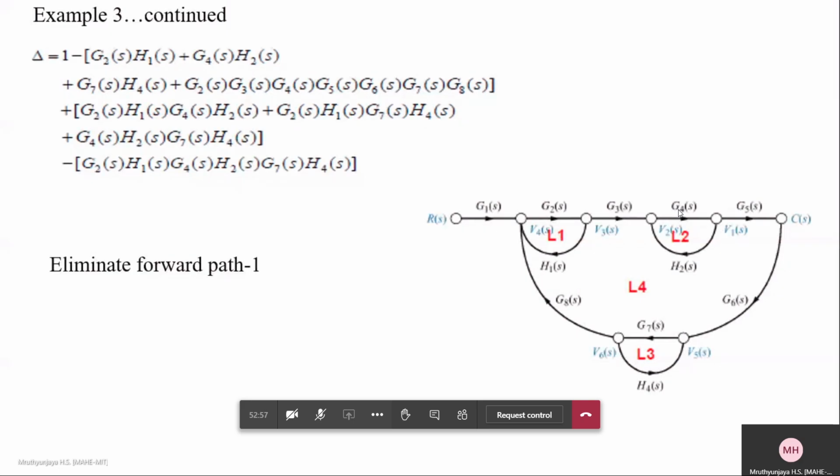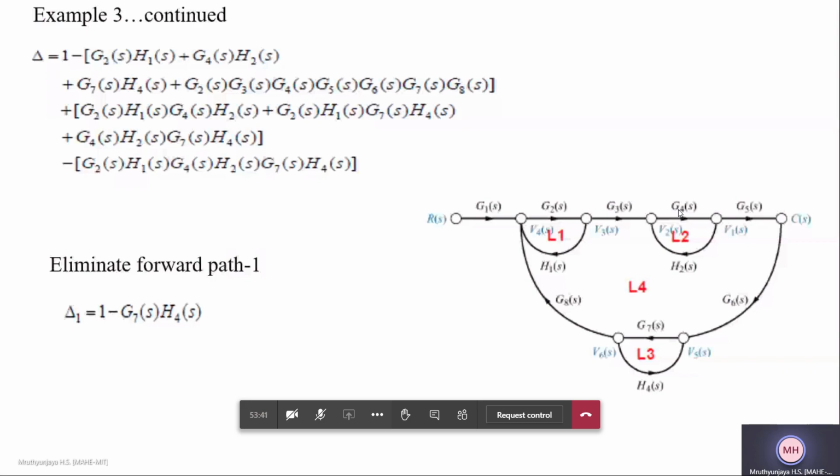So equation for delta 1. To write the equation for delta 1, in delta eliminate path 1. Among the loops of delta, except G7 and H4, that is L3, the rest are all touching path P1.